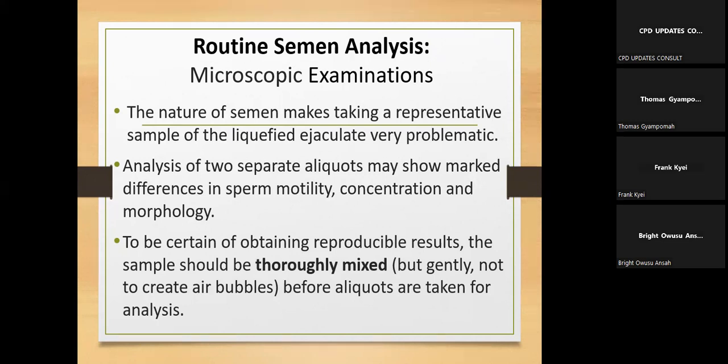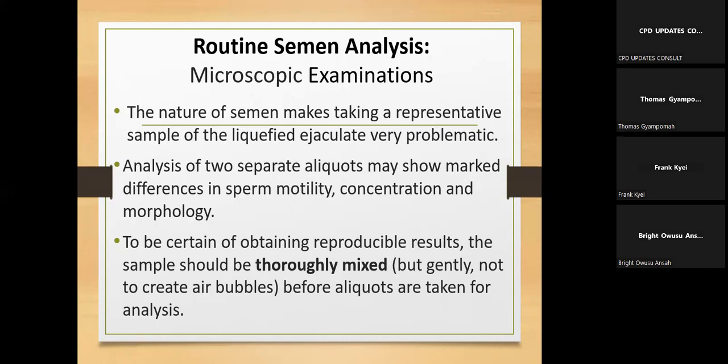Differences in sperm motility, concentration, and morphology. This is what I've tried to explain, because the fractions are different. If you take two different aliquots, two drops at two different times, you are very likely to get completely different results, and that could be of great concern.